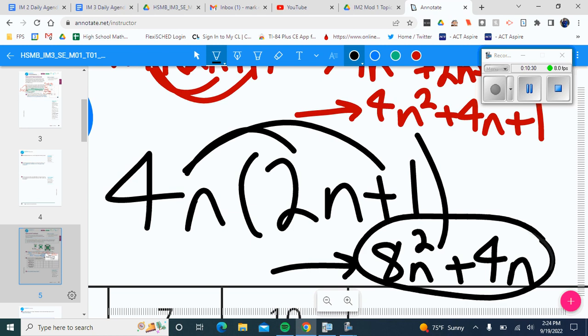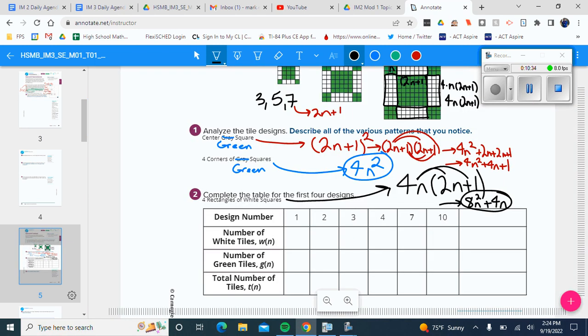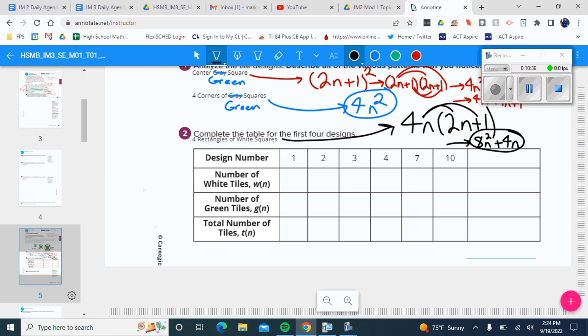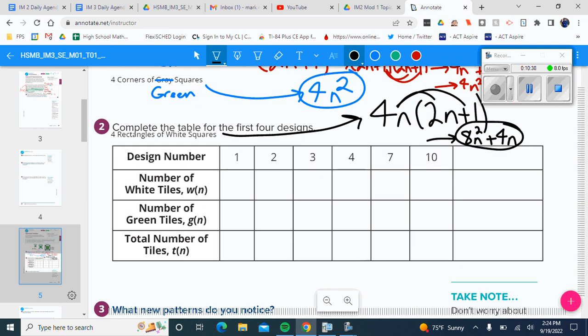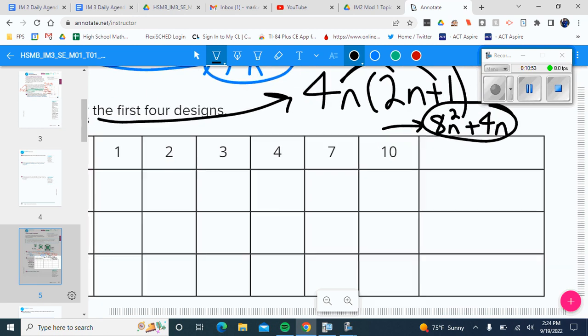So for the four white rectangles, it is 8n squared plus 4n. How that's going to relate down here is we're going to copy that formula into this table and then use a table on our calculator to get these amounts. So there's only one part of the diagram that was for white tiles, and that was for the four rectangles of white squares. And we just found out that the formula was 8n squared plus 4n.